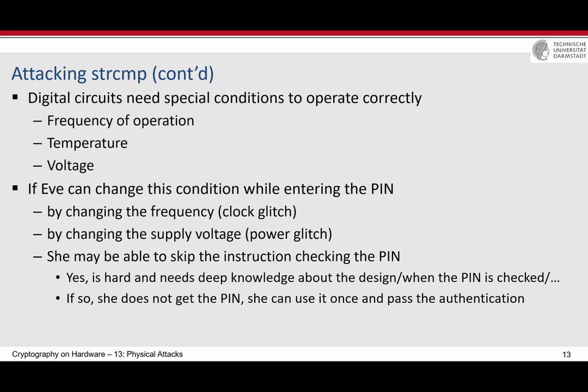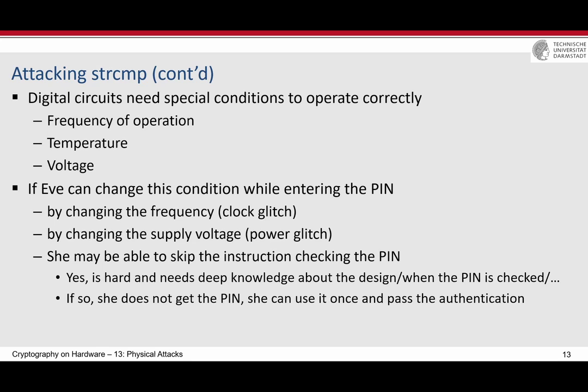The same can be done with this USB stick that we discussed in our example. During the pin checking, we can actually skip over this instruction and pass this check, if we find out exactly at which clock cycle we have to do the clock glitch or the power glitch. Then this check is passed, and you can have access to the data which is in the USB stick.